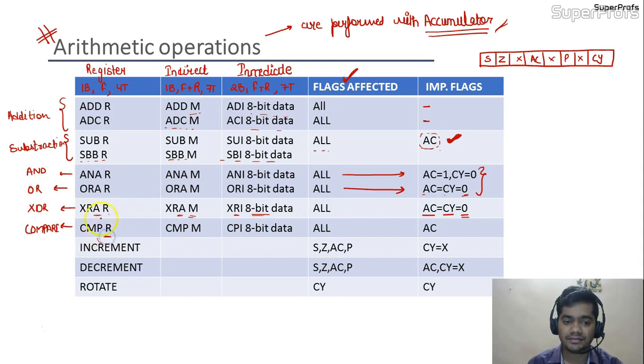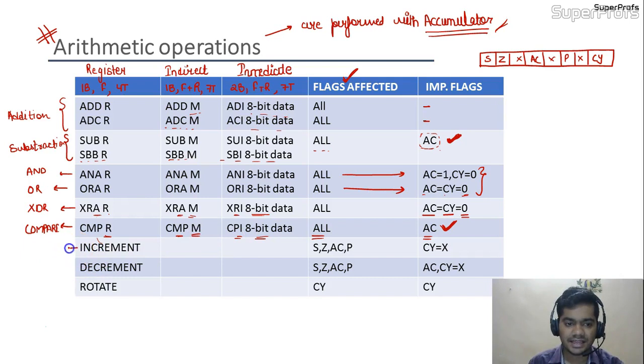If we are comparing the content of the accumulator with register R, or with the data pointed to by the HL register pair, or with the 8-bit data available in the instruction itself, then all flags would be affected and auxiliary carry should be checked. It is an important flag that should be checked after the instruction.